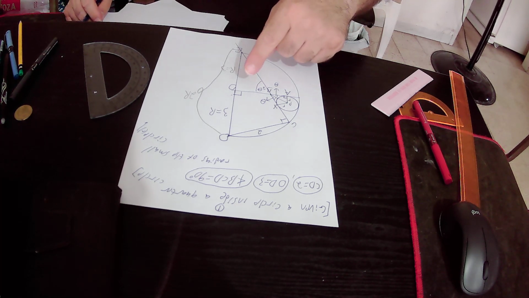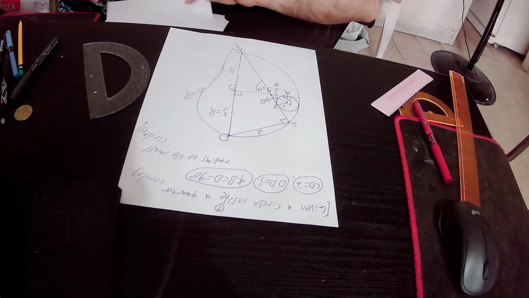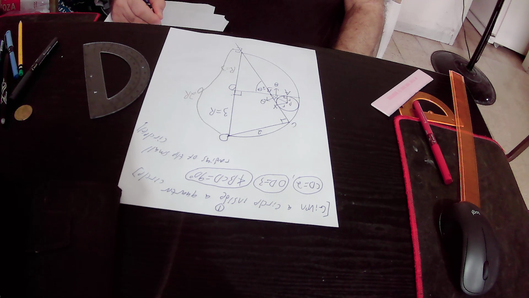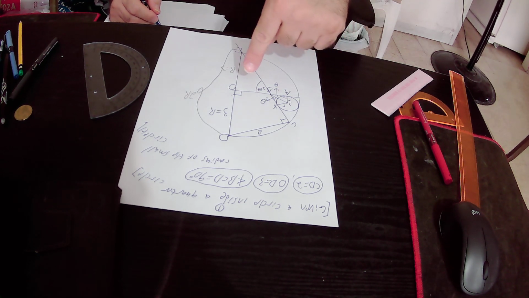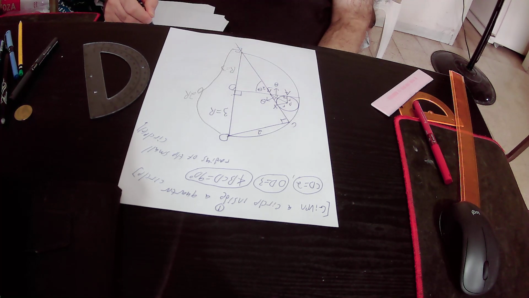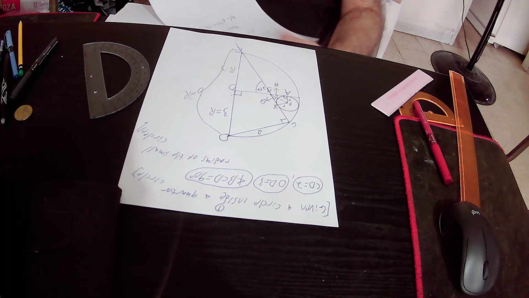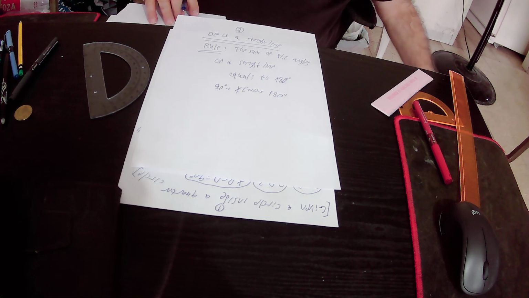So what we have at point O is 90 degrees plus the size of angle EOD. This must be equal to 180 degrees according to the rule that is stated. 90 degrees plus angle EOD must be equal to 180 degrees.